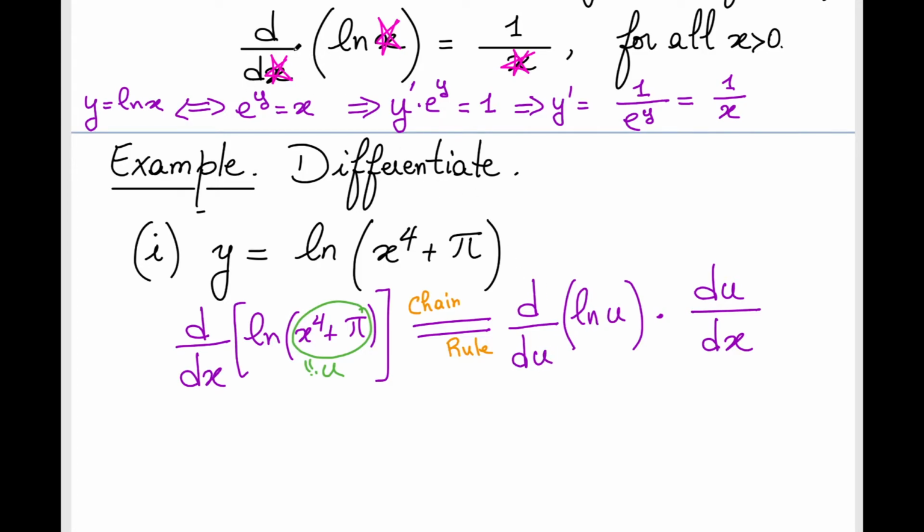I have the structure: d over d star, differentiating with respect to star the function ln of the star, with the star being U now. That's 1 over U. So how much is this? That's 1 over U. And here I used which property? We used this property here. How about asterisk?